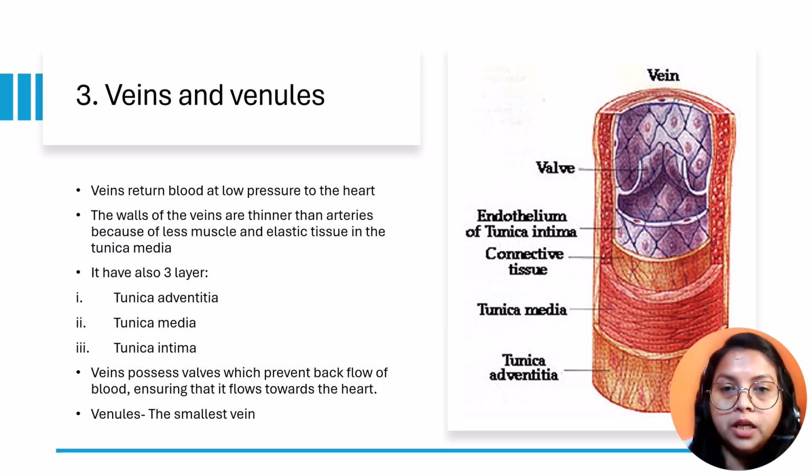Veins also contain valves that prevent backflow and ensure unidirectional blood flow. The cusps of valves are semilunar in shape, formed by folds of tunica intima, and the venules are the smallest veins collecting blood from capillaries. And at any time, about two-thirds of the body's blood is in the venous system.